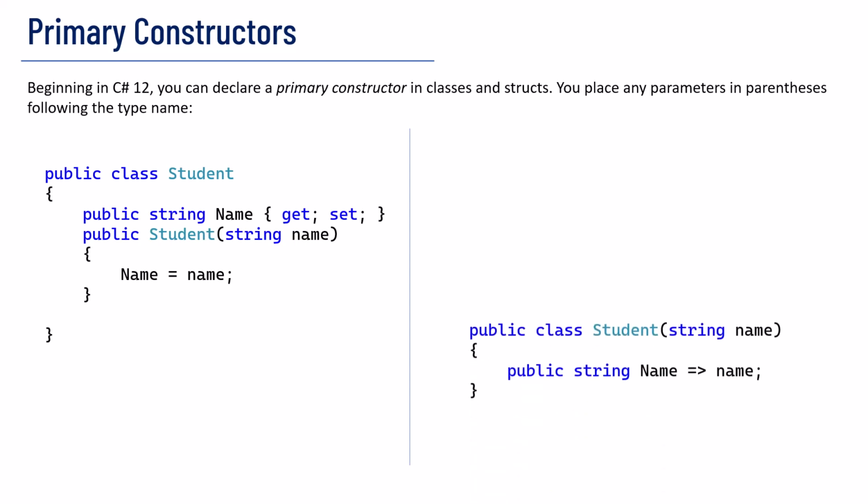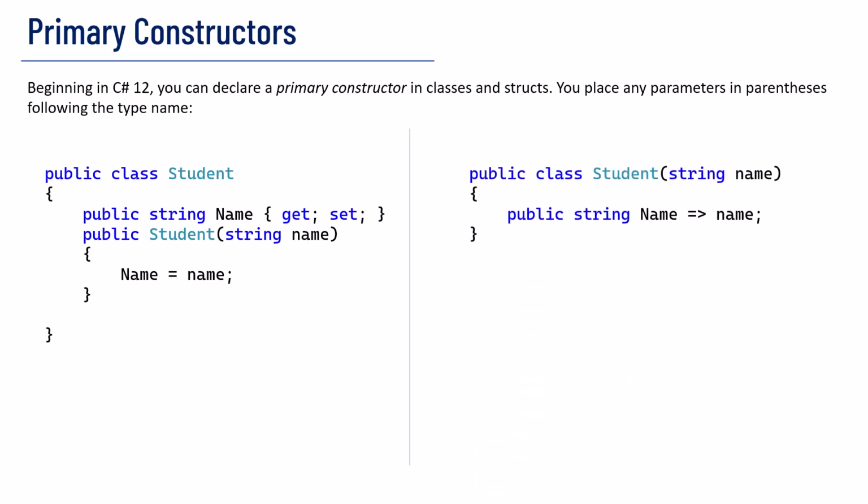Let's do something like this. Writing less code. Once you define a student class, your class can have so many parameters like this. And then no need to define the name property also.